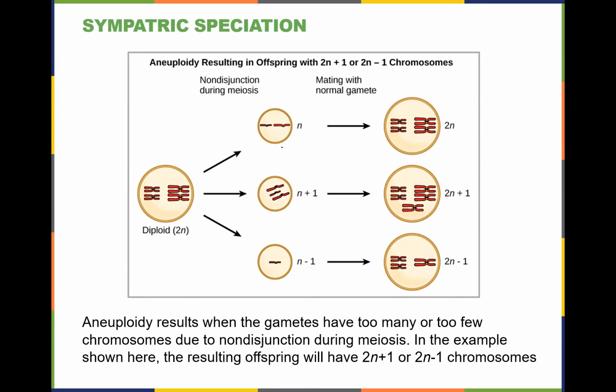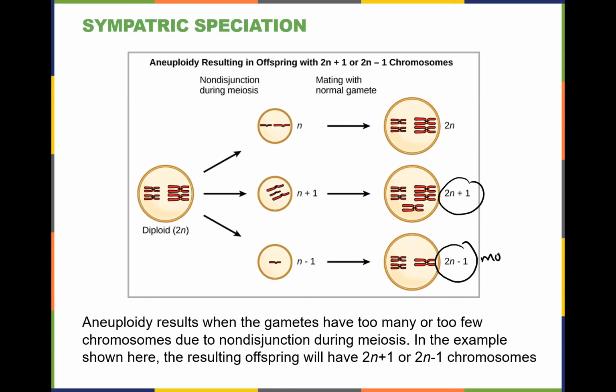Because of non-disjunction, you still remember the non-disjunction, which is the failure of separation of the gametes, causing some of them to become double or have an extra chromosome, and some of them to have fewer chromosomes.